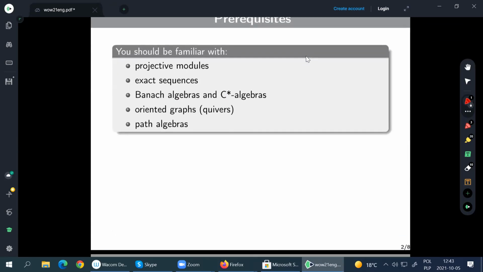What I would like you to be familiar with are projective modules, exact sequences, Banach algebras and C*-algebras, oriented graphs or quivers, and path algebras. So please don't panic, because the first three ingredients are absolutely standard. There are zillions of textbooks from which you can learn it. And my idea is that we will study it on the run, on the go at recitation classes.